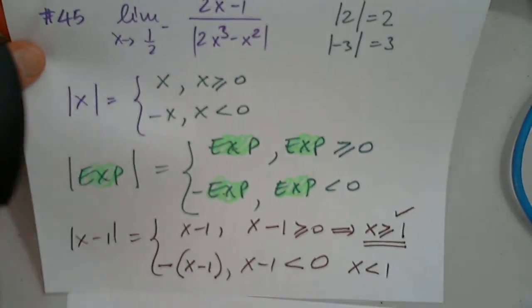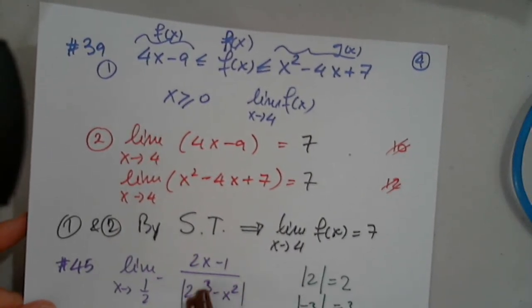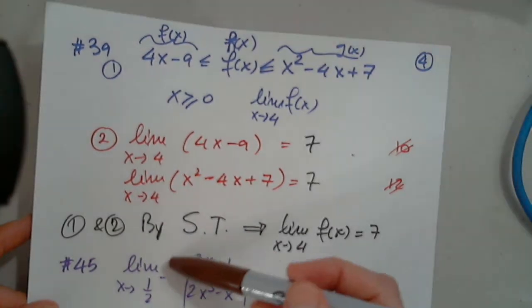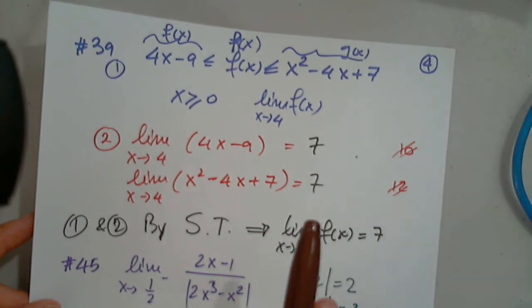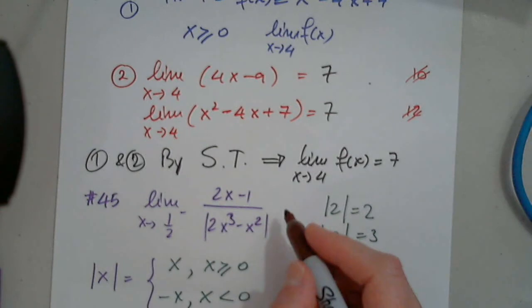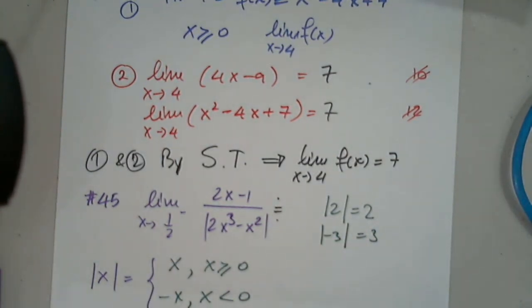At this point, I cannot even plug it in before I simplify this. So the problem will ask us to simplify the absolute value, to simplify the function, and then plug in whatever. If you want to right here, we can. So let's see where the numerator is going and where the denominator is going.